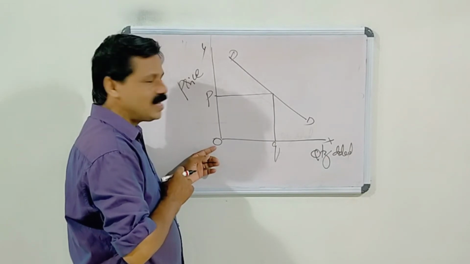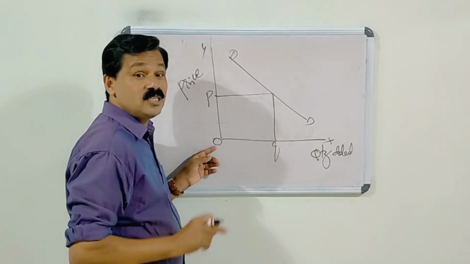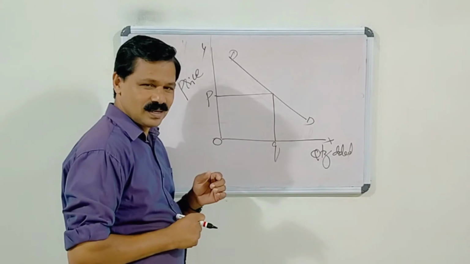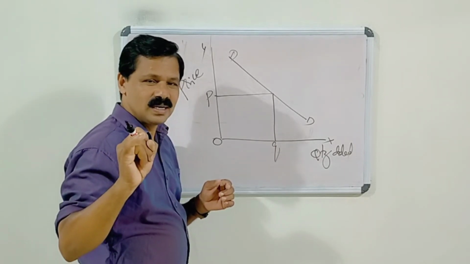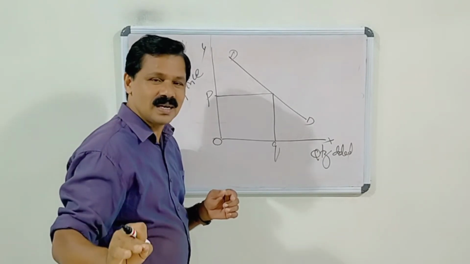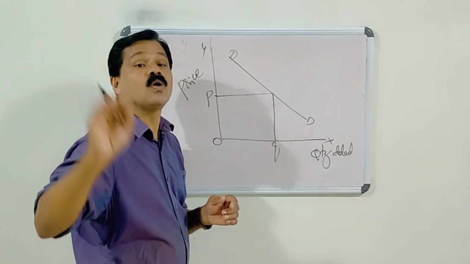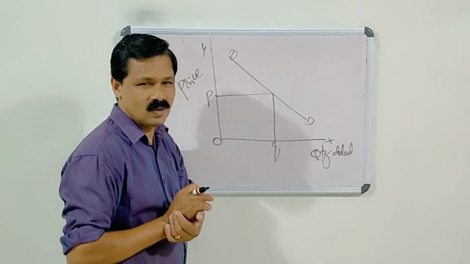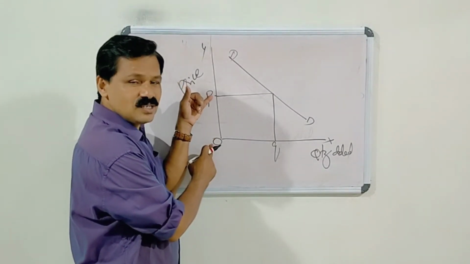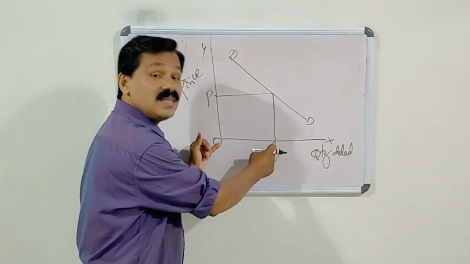Here, the notable point is changes in demand due to changes in non-price factors like changes in the income of the consumer, changes in tastes and preferences of the consumer, changes in climatic conditions, changes in related commodities like substitute goods or complementary goods, etc. Here, the price of the commodity remains unchanged, say OP itself, but quantity demanded increases.